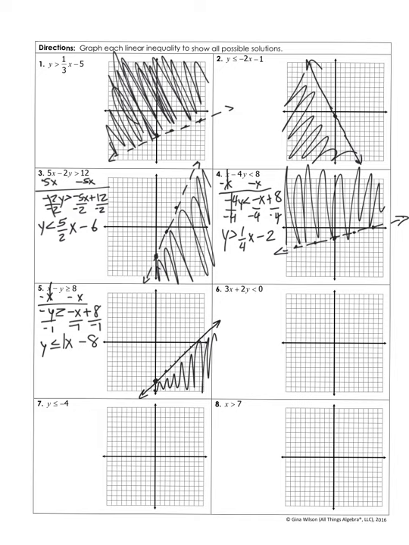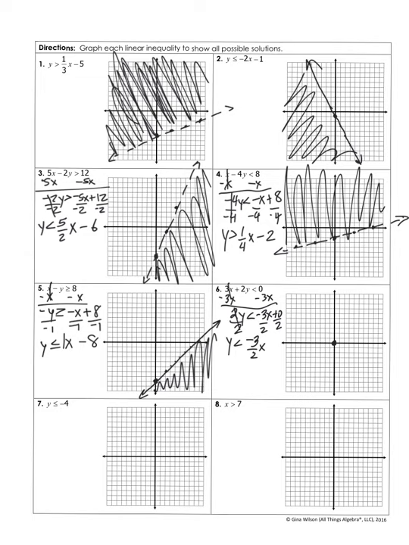All right, number 6. Subtract 3x from both sides. Divide by 2, and since we're dividing by a positive number this time, we do not have to flip the sign. And I'm not going to write +0 here because if there is no y-intercept in a linear equation or a linear inequality, then the y-intercept is at the origin.